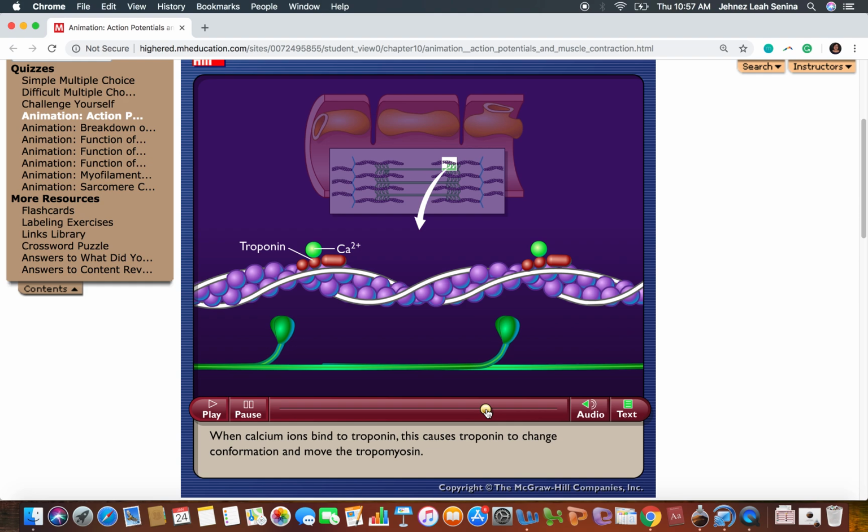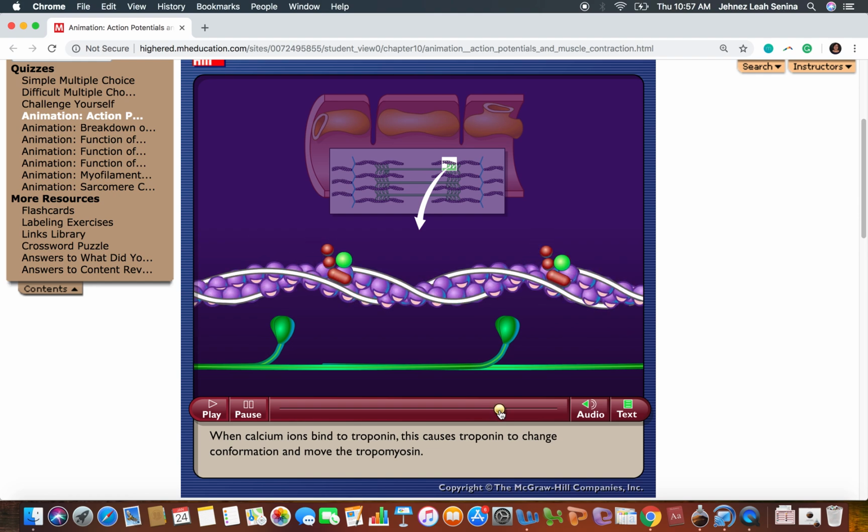Now calcium, again, will bind to troponin. Troponin will change position, and as it changes position, it moves the tropomyosin, exposing the binding sites. Miss, the myosin can't bind to the other part?